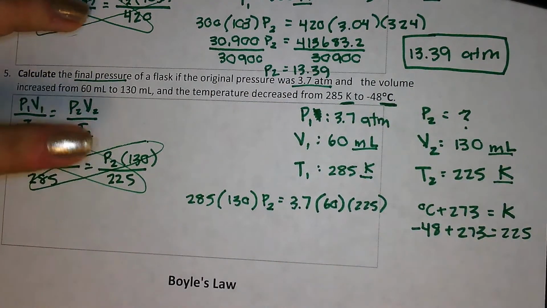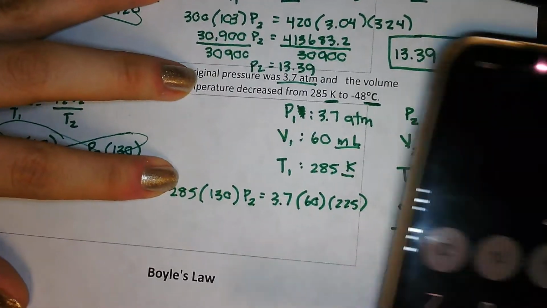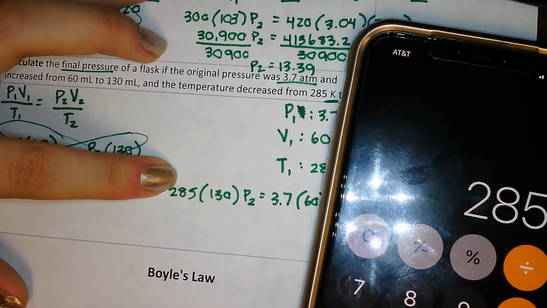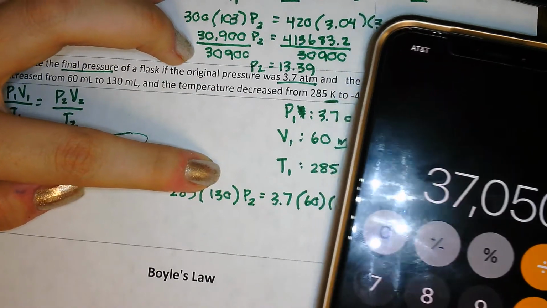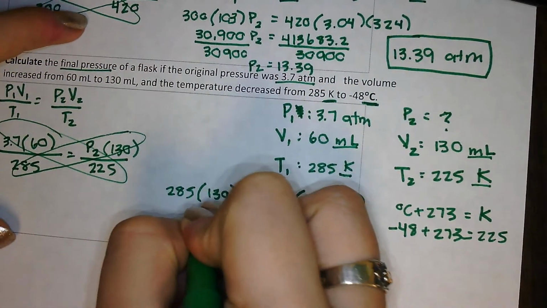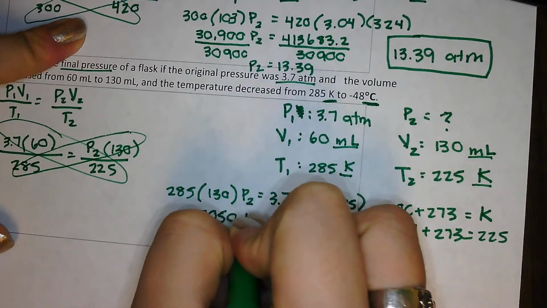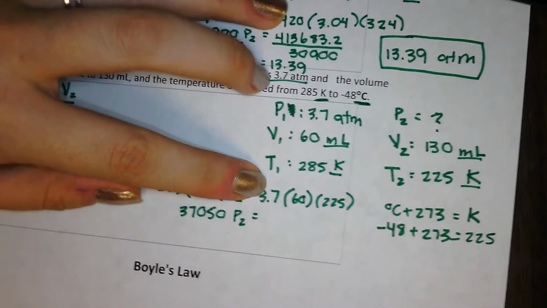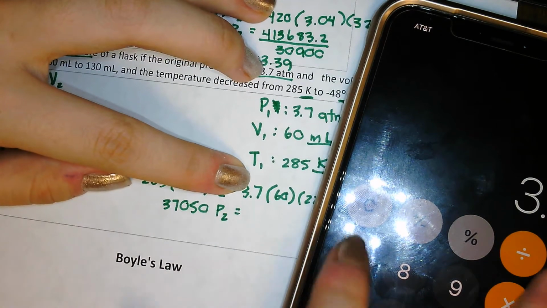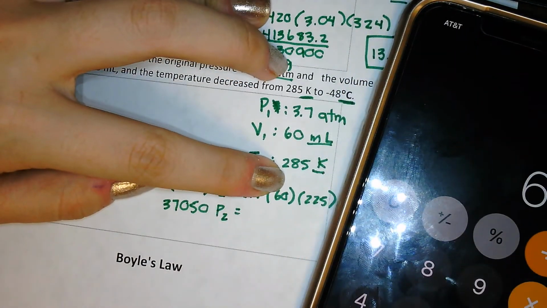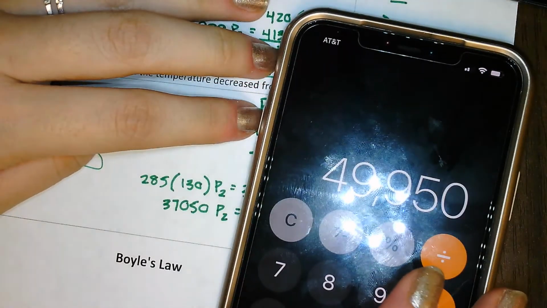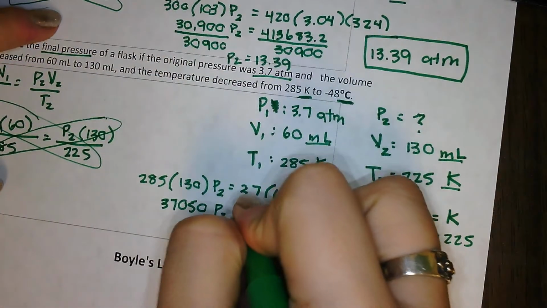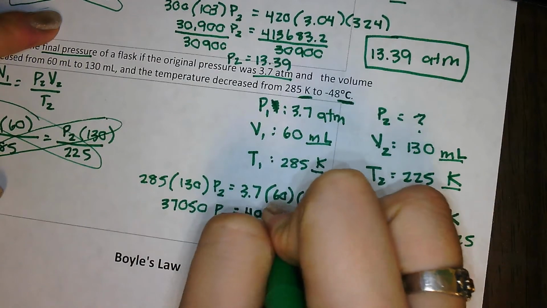And now I am just doing the math. 285 times 130 is equal to 37,050. 37,050 P2 equal to 3.7 times 60 times 225, which is 49,950.